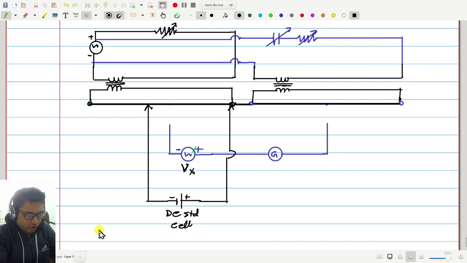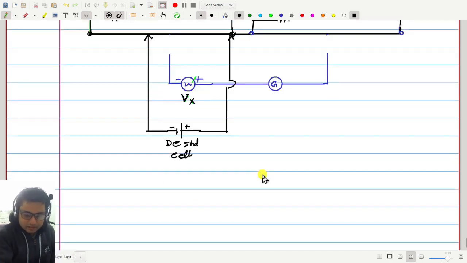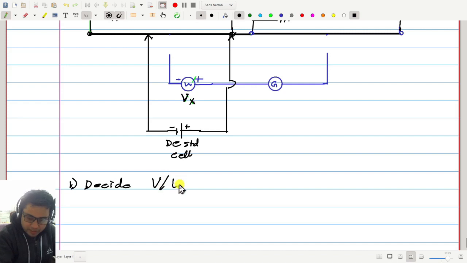So decide the constant, something like 1 volt per millimeter or 0.1 volt per millimeter, whatever value you decide. So first let me write: decide volt per length factor or constant.